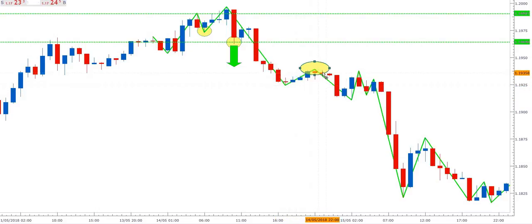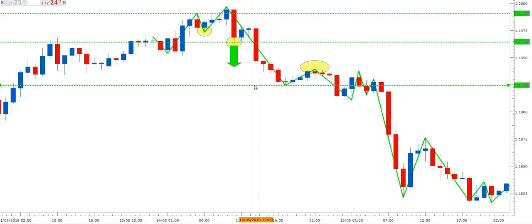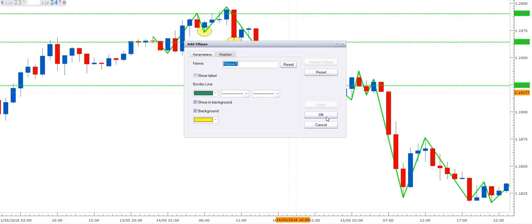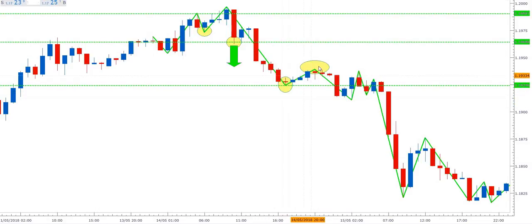then moved up to this point, and because it moved up, leaving this point here as our low, that was our low, and then it moved up to here.